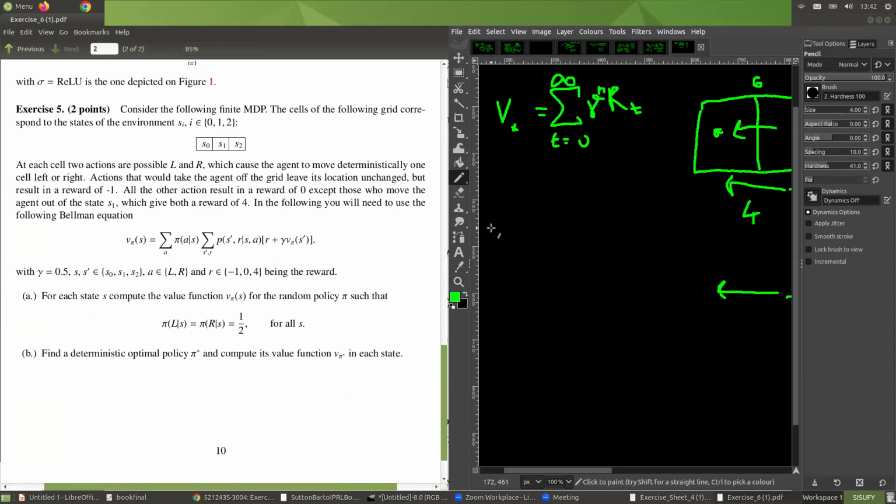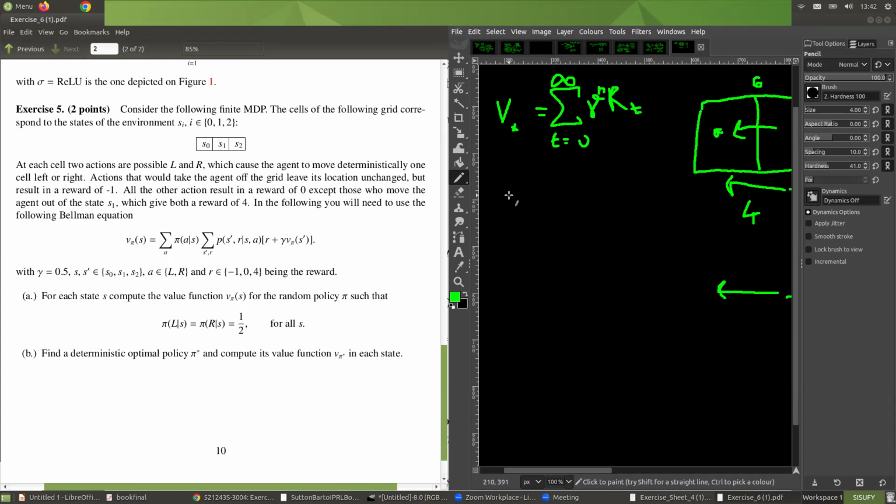In this exercise, it says that the actions left and right move deterministically left and right, and the rewards are also deterministic. I guess it doesn't say it directly, but it doesn't speak about probabilities here.